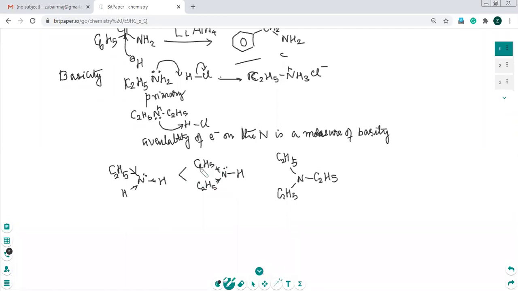More inductive effect by two C2H5 groups. Still more inductive effect from all sides, three alkyl groups will increase, so more basic. Now what about this compound?